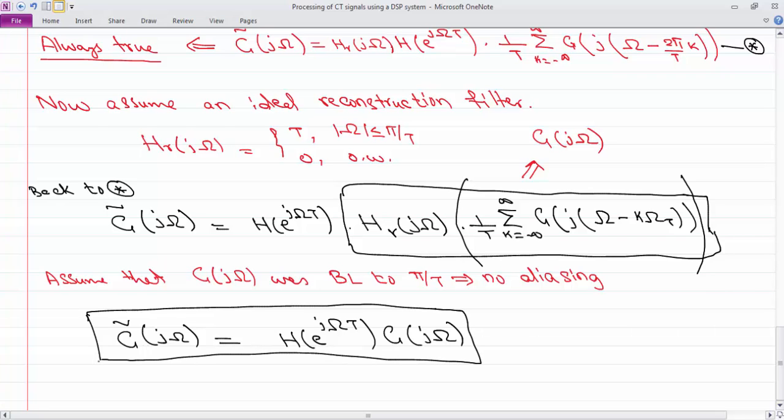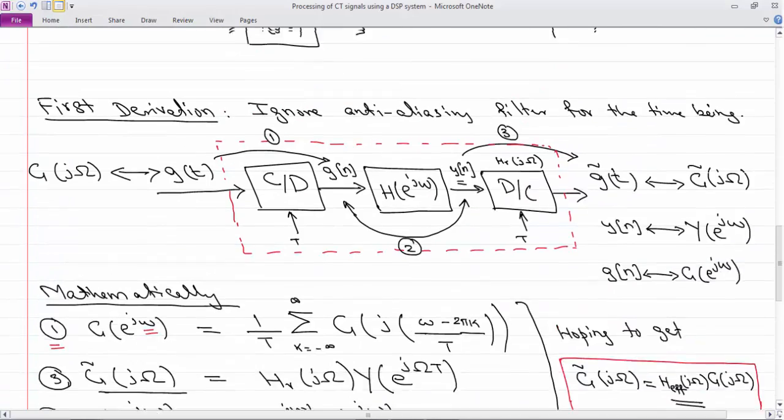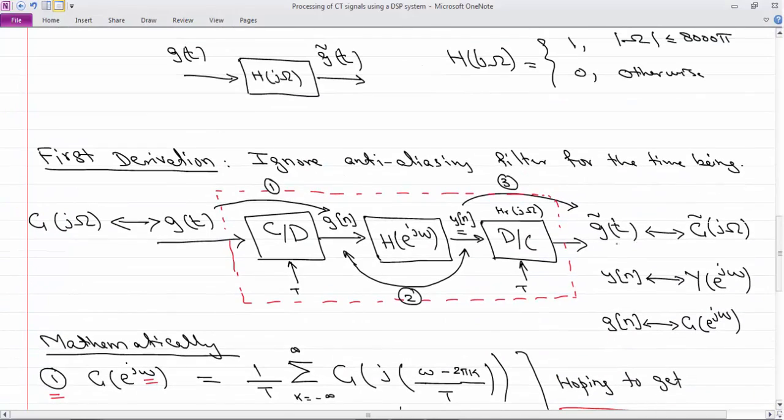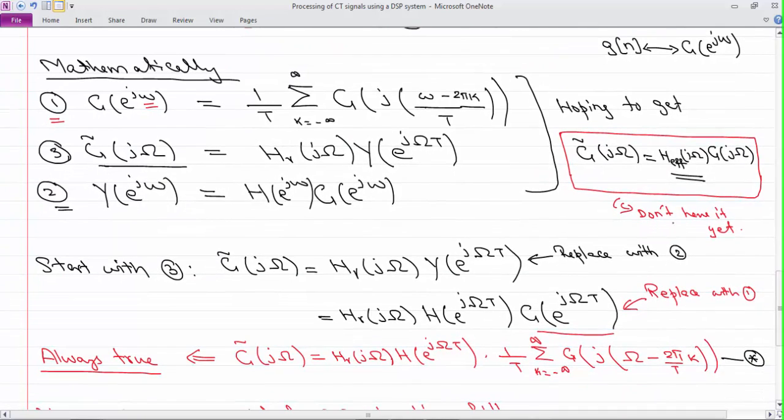We wanted our output signal frequencies to be in the form of input signal frequencies times some function of capital omega.